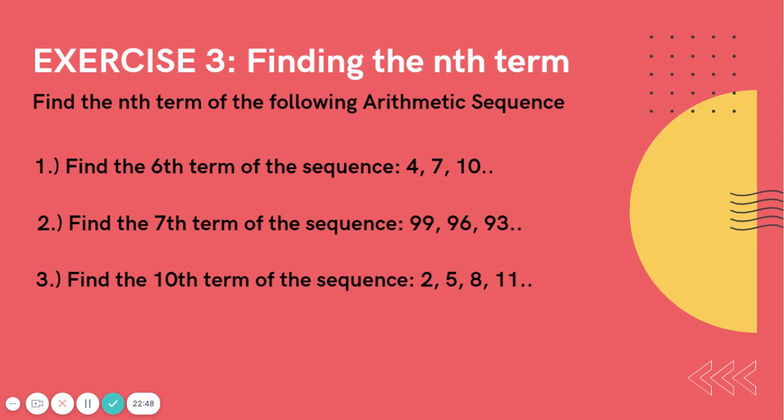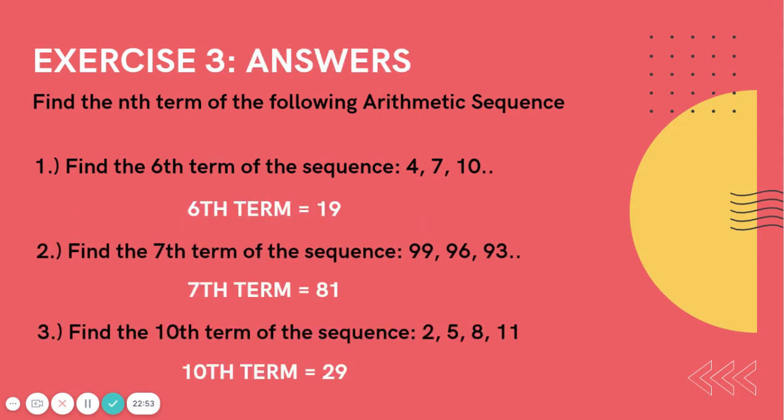So I think you're done. So let us check if you got all the correct answers. Okay, so for number one, find the sixth term of the sequence 4, 7, 10. So the answer is 19. Number two, find the seventh term of the sequence 99, 96, 93. So the seventh term is 81.